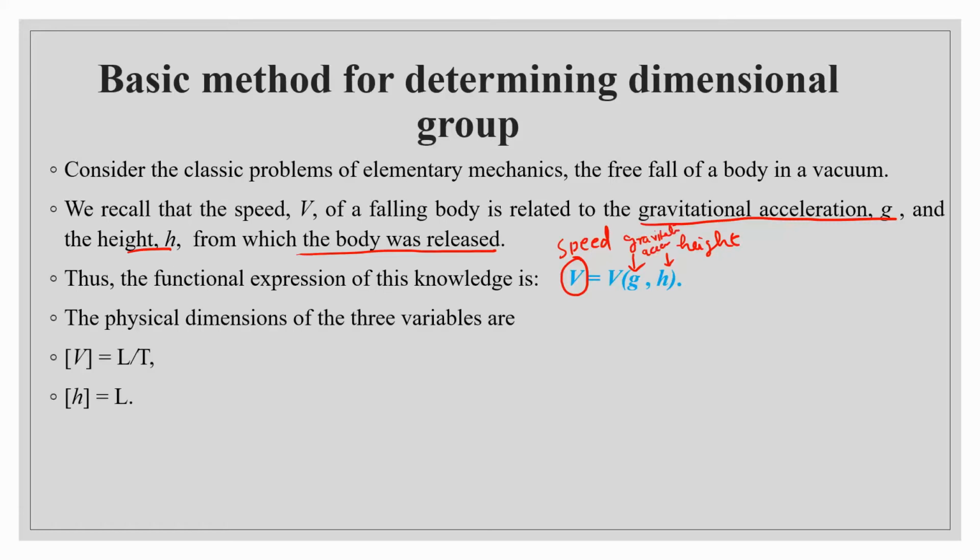Now if we talk about the physical dimensions of these three variables, v has dimensions of L divided by t. The big bracket denotes that I am talking about the dimensions of the variable. The dimension of the gravitational acceleration is L t to the power minus 2, and the dimension of h is L, that is, length.